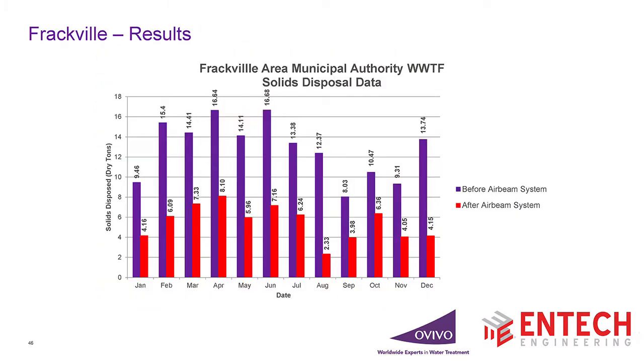This is the before and after. Before we put the air beam system in there, the covers, the diffusers, the purple bars indicate how much solids were going out of that facility every month. After we did the project, the red line is what happened. That's how much every month we were reducing the solids compared to prior years.